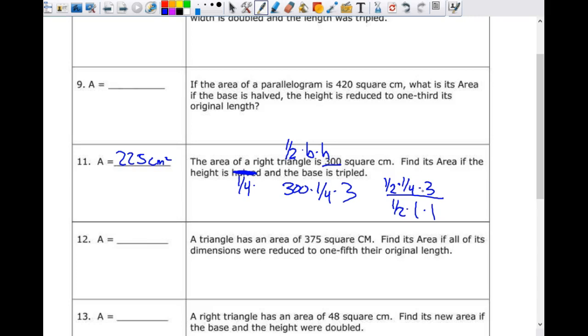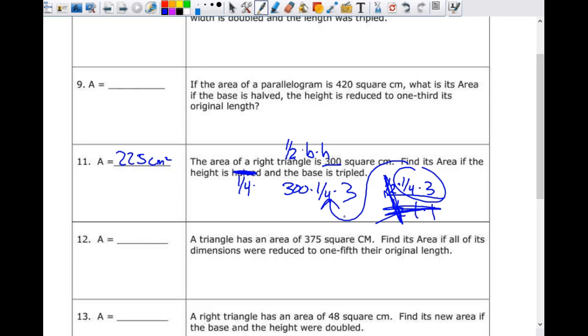What canceled out there? This 1/2 canceled out. And then 1 times 1 cancels out there. So that's why this gets plugged in there. That's why the 1/2 disappears. We divided it out. It cancels out.